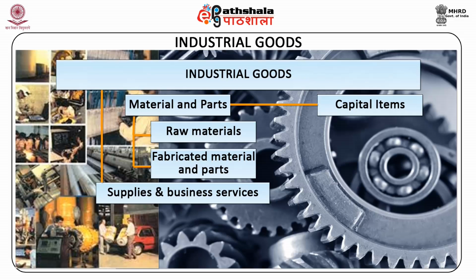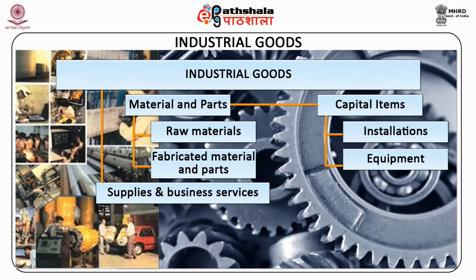Second are the capital items. Capital items are long-lasting goods, or in other words, basic goods which facilitate the production of the finished goods. They include two groups: installations and equipment. First, installations. These consist of buildings and heavy equipments. Second, equipment, factory equipment and tools and office equipments.